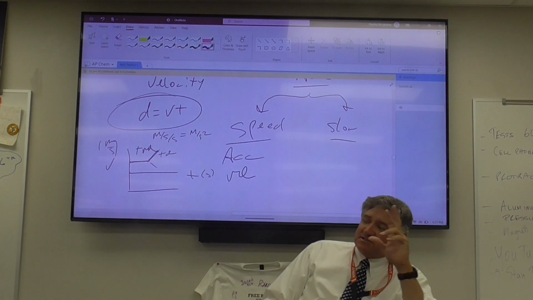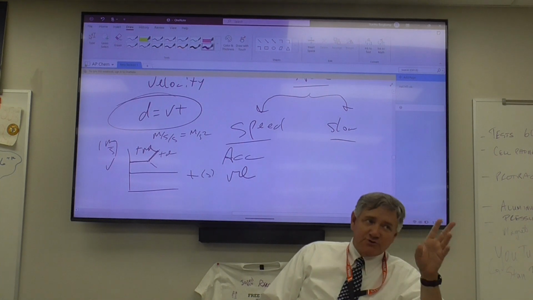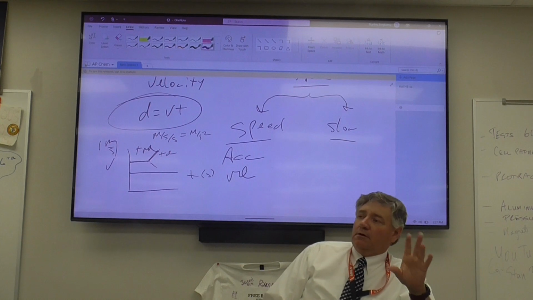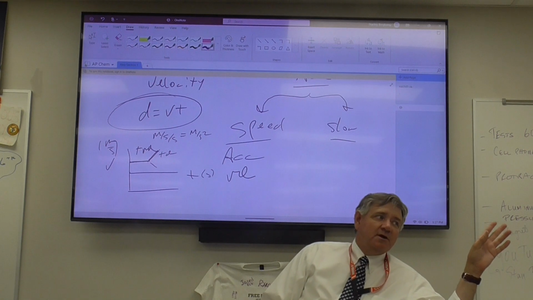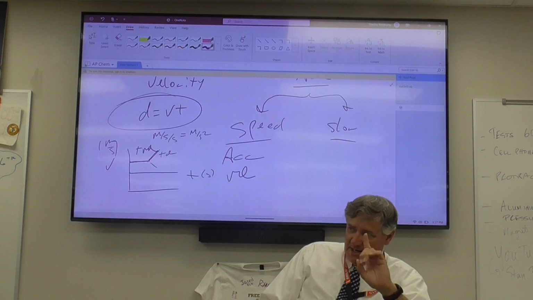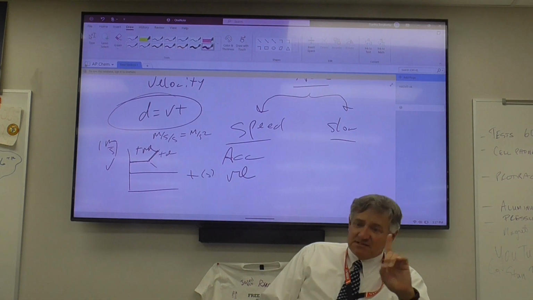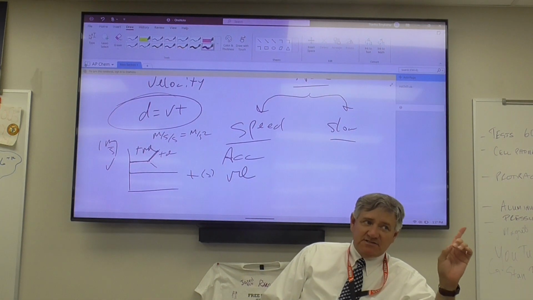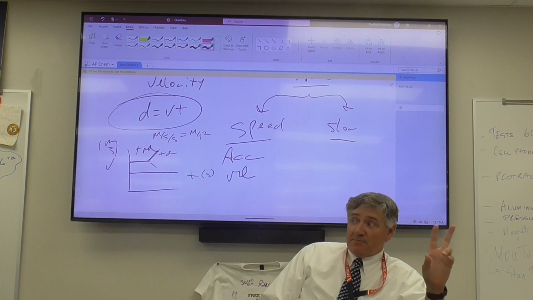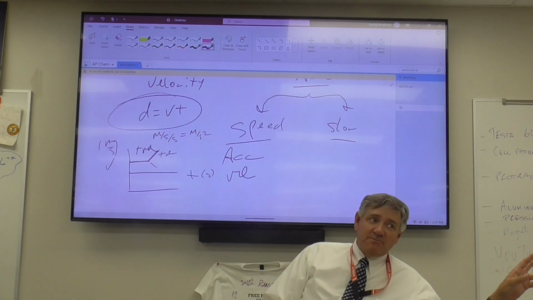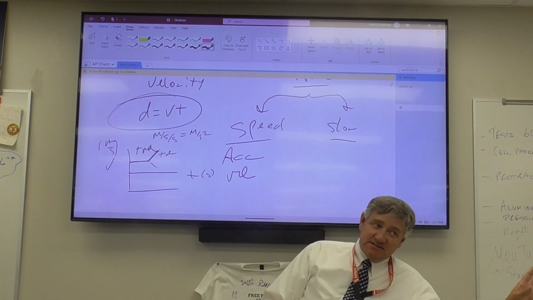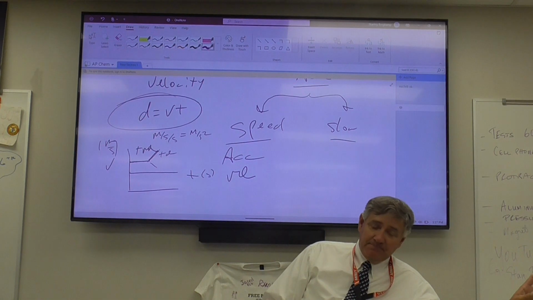So if you see something speeding up, a rocket, an electron, a proton, a squirrel, whatever it is, the velocity and the acceleration have to have the same sign. Notice I did not say they both have to be positive. I did not say they both had to be negative. They just have to have the same sign.